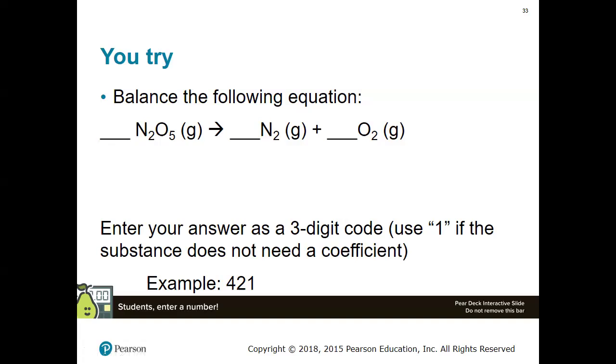We're asked to balance this equation and to put in the coefficients as just a 3-digit code. So if we set up our organization here, I have 2 nitrogens and 5 oxygens on the reactant side. I have 2 nitrogens and 2 oxygens on the product side.